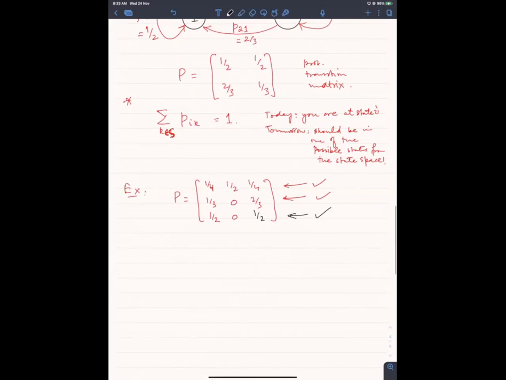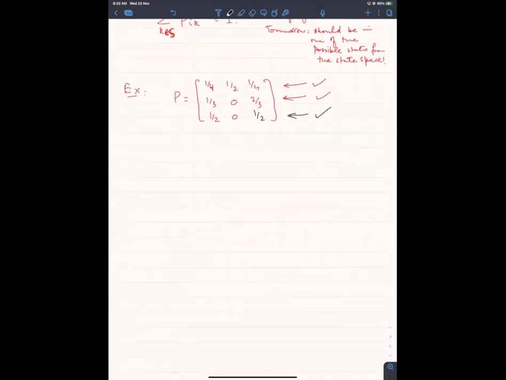I can draw the state diagram for that. How many states? Answers in the chat window. 3 states. Can I tell the names of those states, whether they are A, B, C or 1, 2, 3 or 5, 6, 7? No, it doesn't matter.